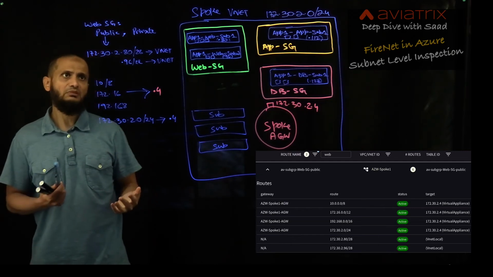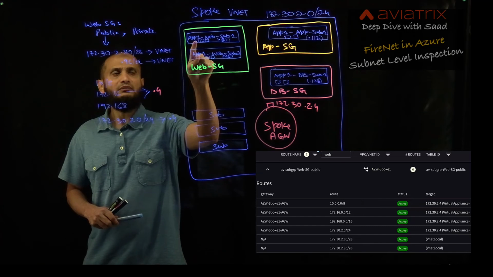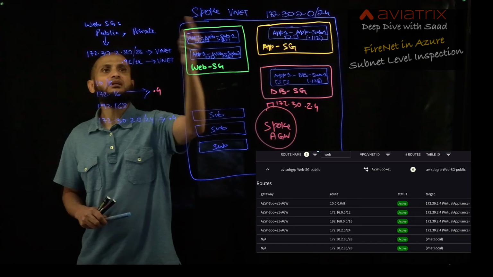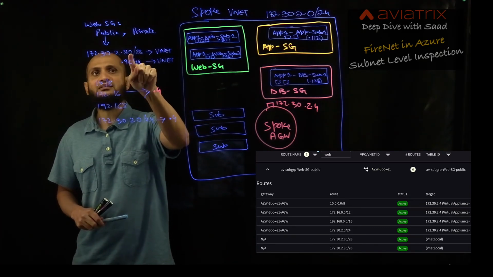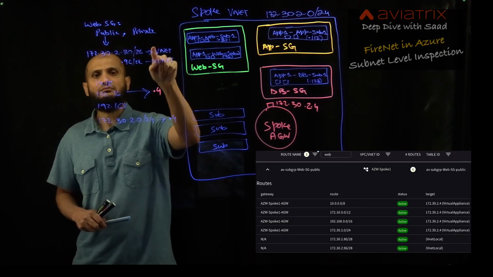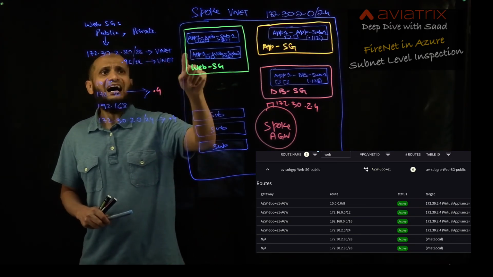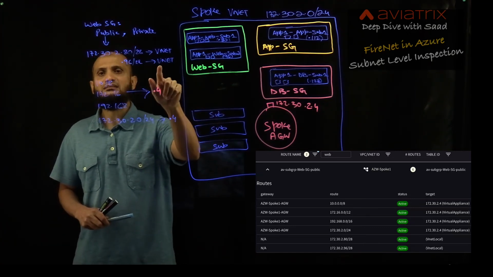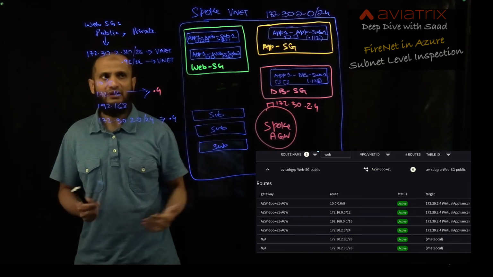So now let's try to understand this routing table. When app1 VM1 wants to communicate with VM2 in the same subnet, it's going to take a look at its routing table, and the routing table says there isn't an entry, so my next hop is the VNet. Okay, it's a virtual network. What if I wanted to talk to .96? .96 again is the virtual network, so I really don't have to go anywhere else.